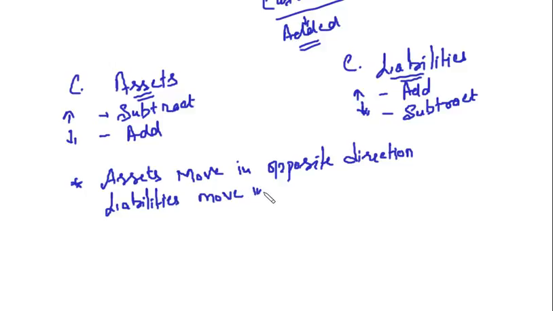If there is an increase in liability, add back to the net profits, and if there is a decrease in liability, subtract. Clear, friends?